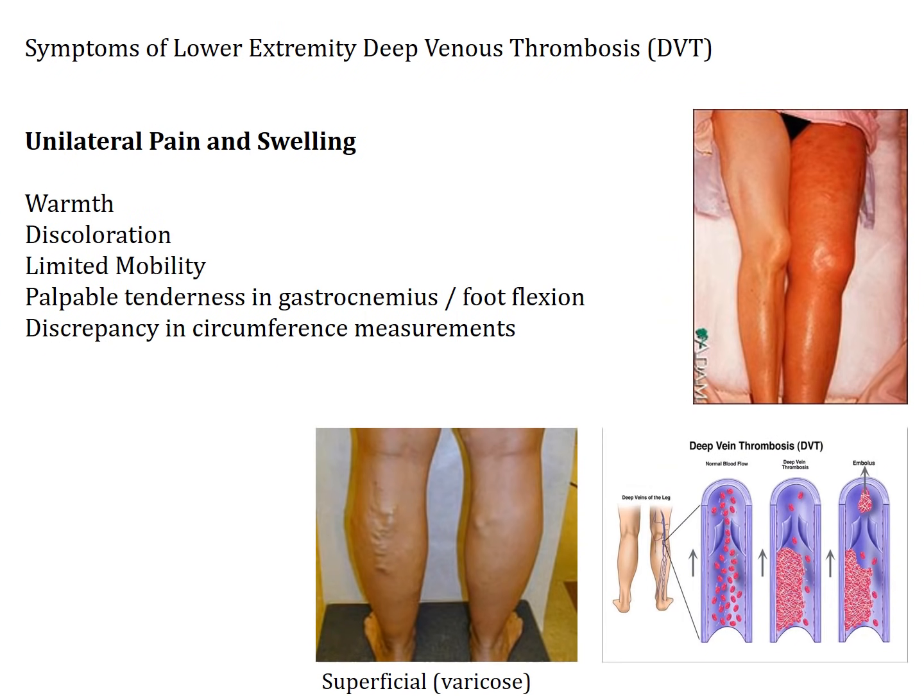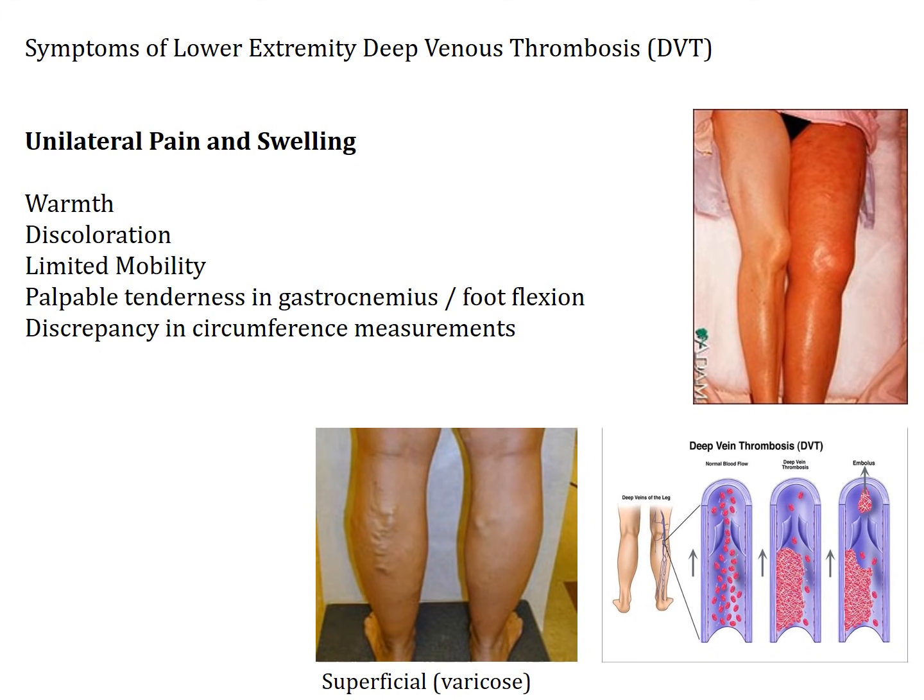All right, symptoms of a lower extremity DVT. Typically unilateral pain and swelling, warmth, discoloration, limited mobility, palpable tenderness very often in the calf muscle, pain with foot flexion, and discrepancy in circumference measurements, right? That's important.